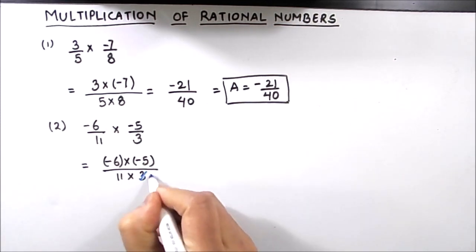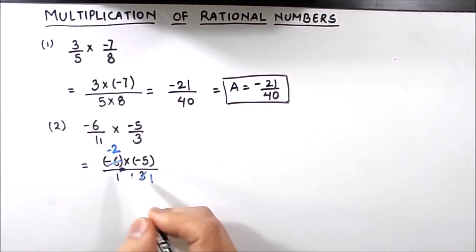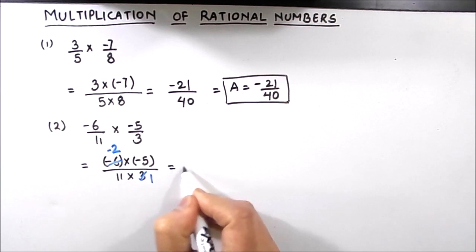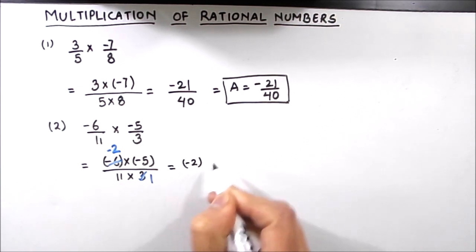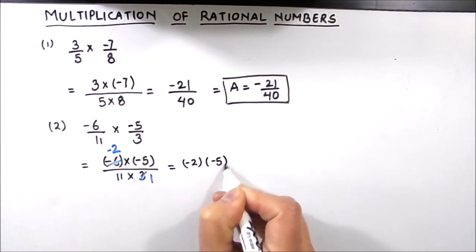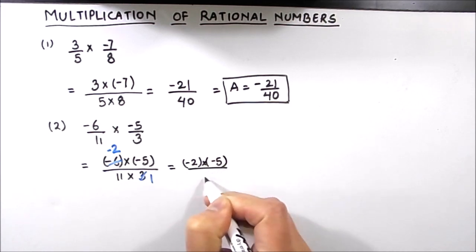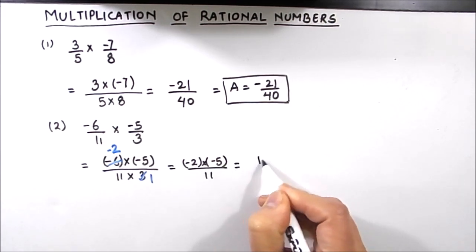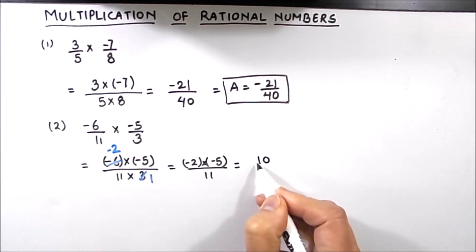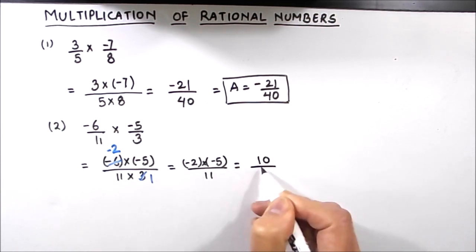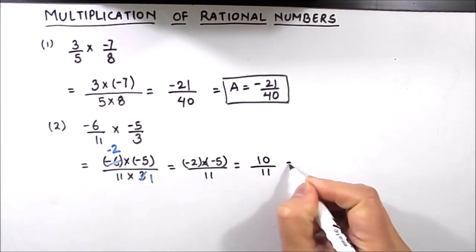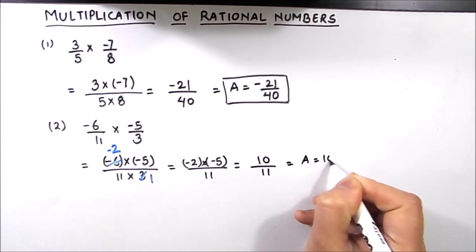So 3 times 1 is 3 and 3 times negative 2 is negative 6. The negative sign will remain there, and now we have negative 2 times negative 5 divided by 11. Now 5 times 2 is 10, and negative will become positive, so this will be plus 10 divided by 11. So our final answer is 10 by 11.